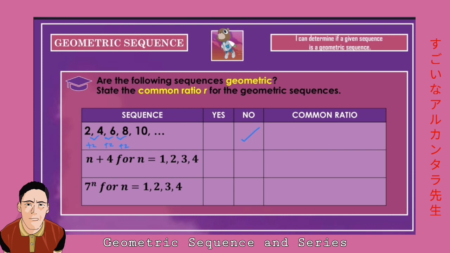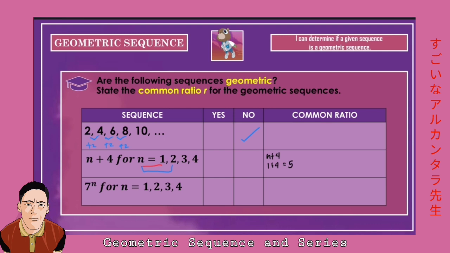Now, how about for the fifth example, n plus 4, where n is equal to 1, 2, 3, 4. What you have to do here is simple. You simply have to substitute. So you have n plus 4. The first one is 1 plus 4. You get 5. Where did we get the n being 1? It's here. How about if n equals 2?